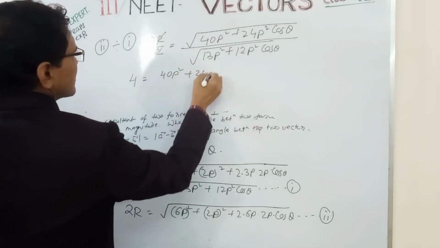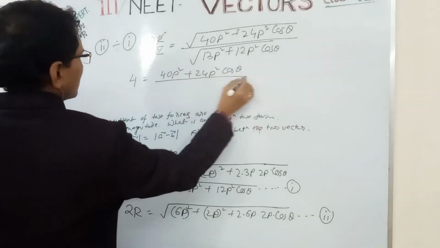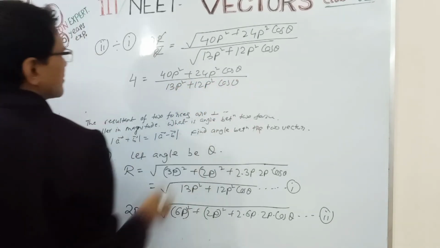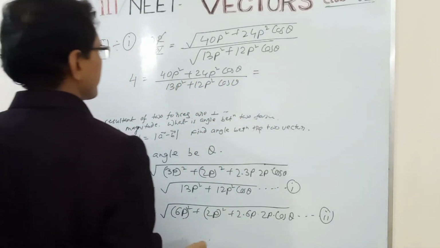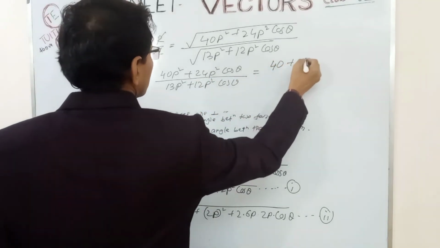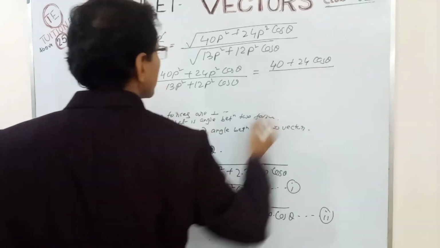Squaring both sides. So take p square common and cancel from numerator and denominator.